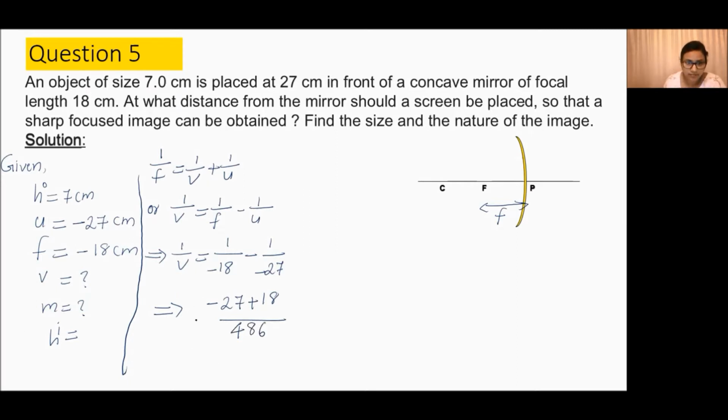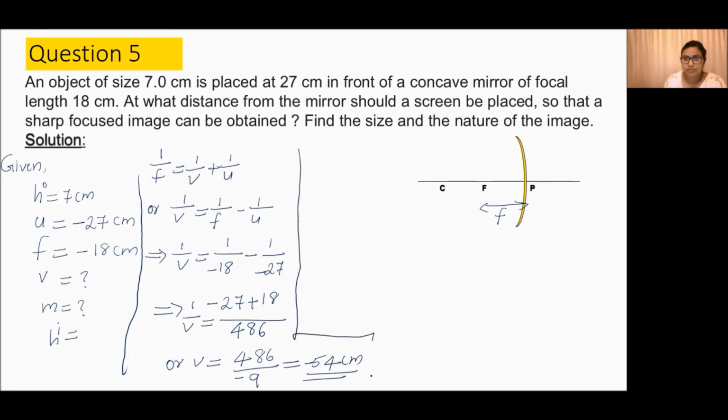That's correct. Is 1 by V. So, or V is equal to 486 divided by 9. So, which implies minus 54 centimeter.